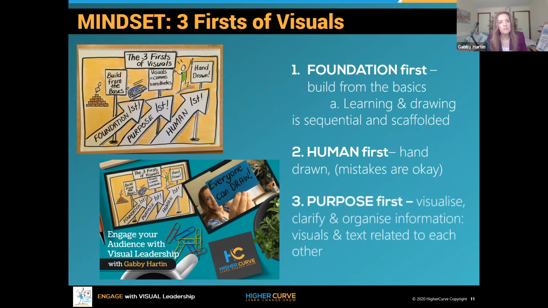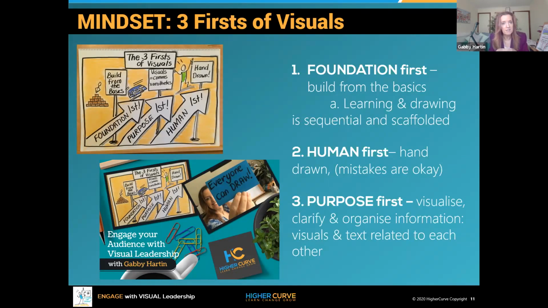And then the last one is that it is purpose first. So in this form, we're not looking at the pure art form. We're not looking at making something just beautiful for art's sake. Our visuals here in this context always have a purpose. So your purpose is that you want to communicate some information to your audience.